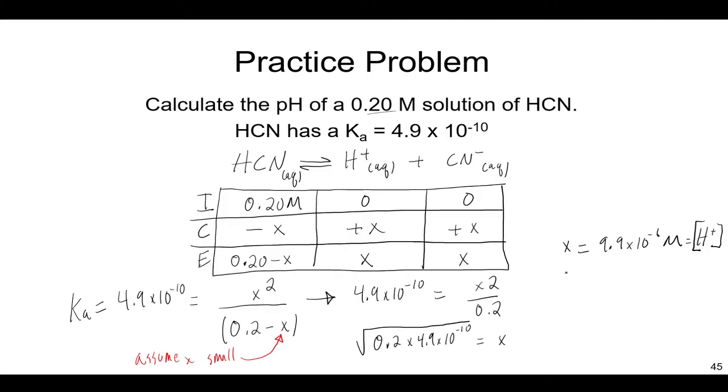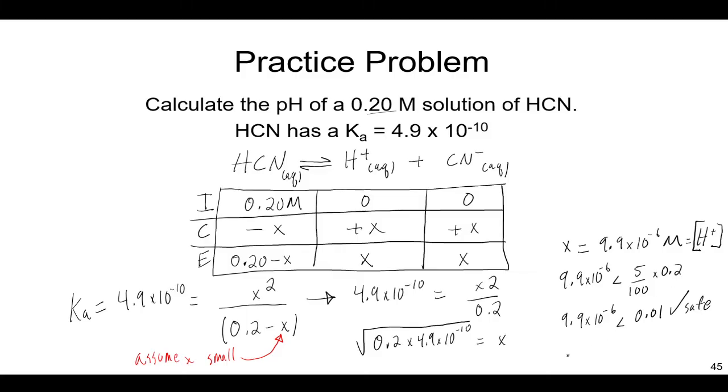I can test, is this 9.9 times 10 to the negative 6 less than 5% or 5 over 100 of my initial concentration 0.2, and 9.9 times 10 to the negative 6 is indeed less than 0.01. So yes, safe.